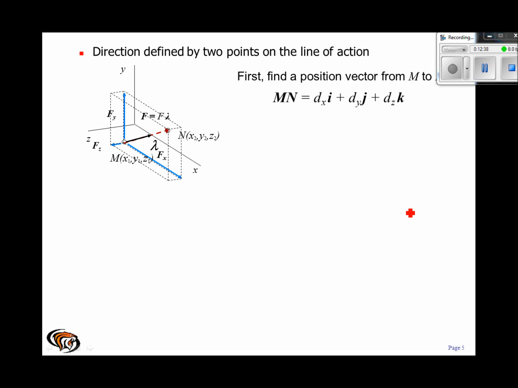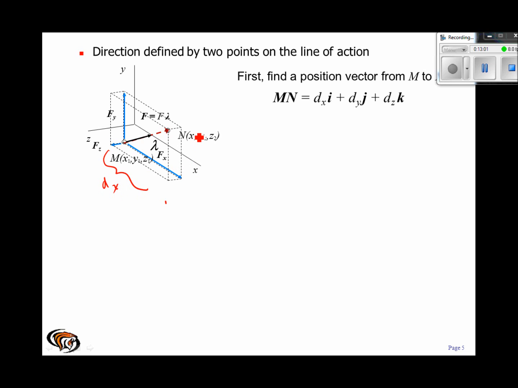The position vector from M to N, we're going to subtract the coordinates of the tail from the coordinates of the tip. And that's going to give us this dx, dy, and dz length. Essentially the length along the x-axis. This length is dx.